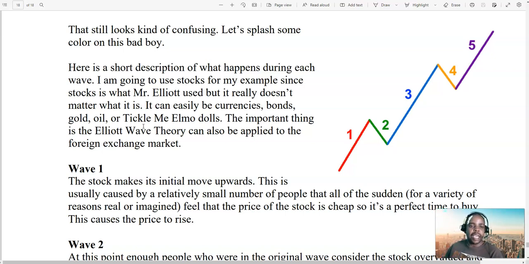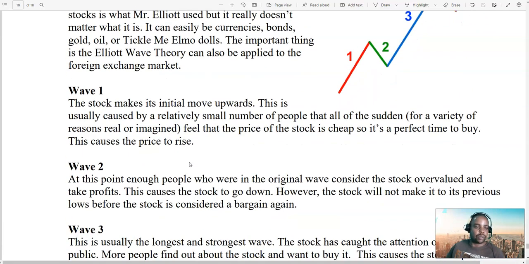Elliott used stocks, but it really doesn't matter what it is. It can easily be currencies, bonds, gold, oil. The important thing is the Elliott wave theory can also be applied to the foreign exchange market, Forex in short, as I was just explaining to you.